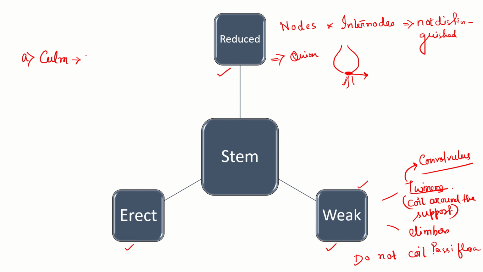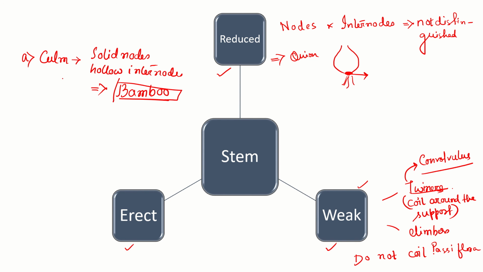Culm has got solid nodes and hollow internodes. Solid nodes and hollow internodes. This is basically found in, you can definitely understand, bamboo. This is a very common example of culm.